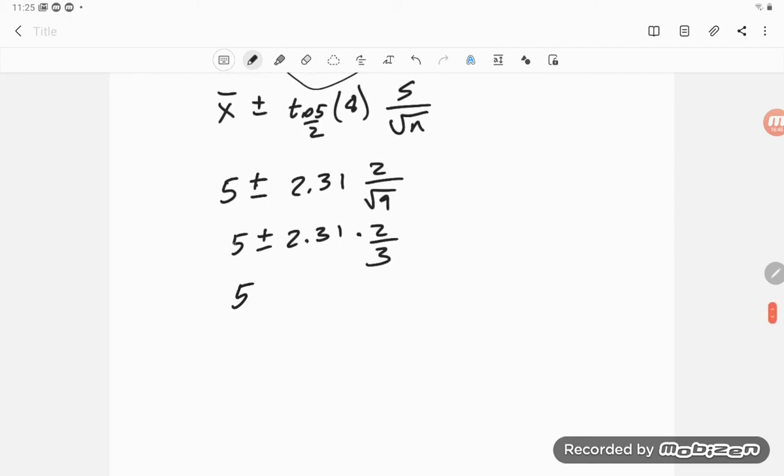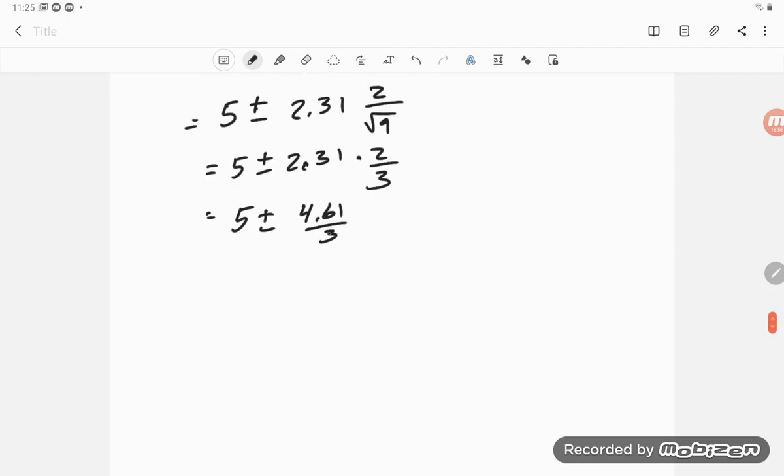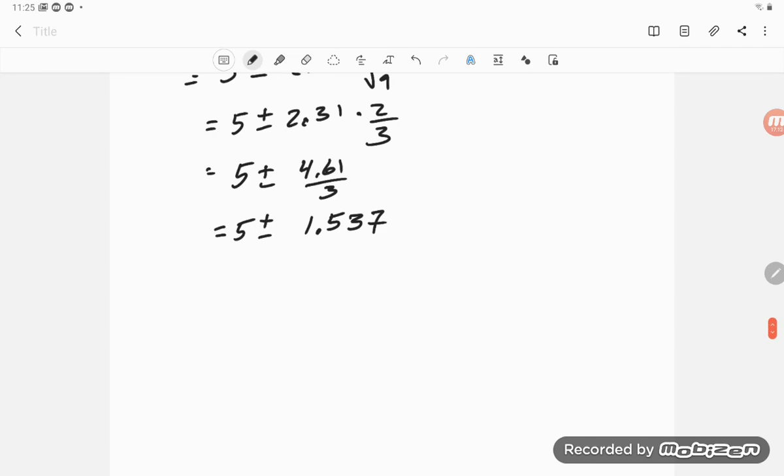And so that's going to be 5 plus or minus, okay, well, that's 4.62 divided by 3, which is a little more than 1.5. So this is 5 plus or minus 1.537. Okay, and so there is my confidence interval.